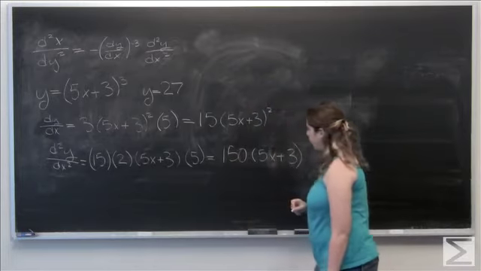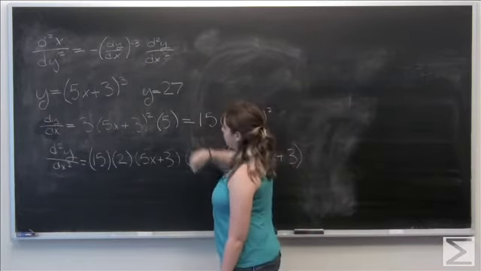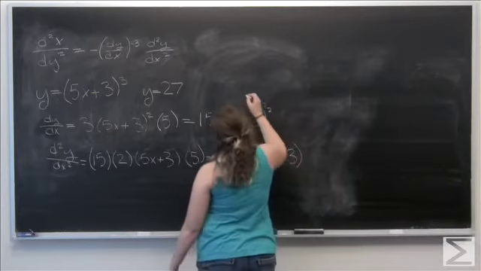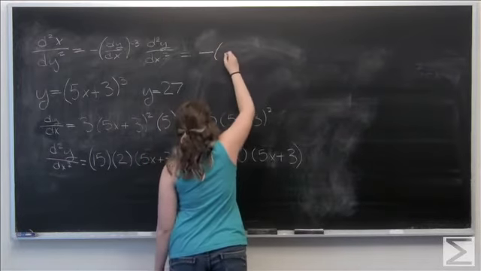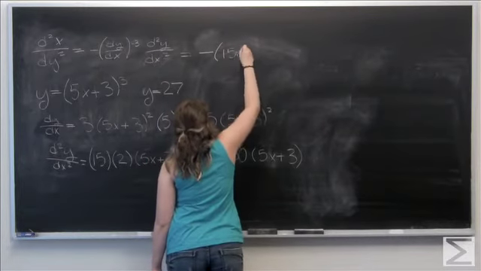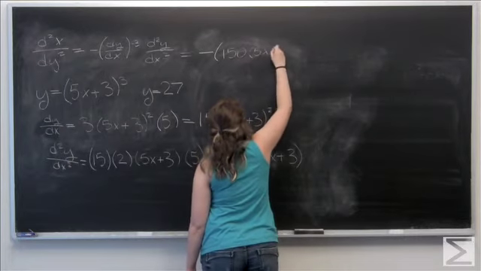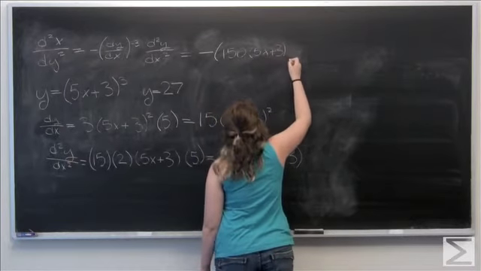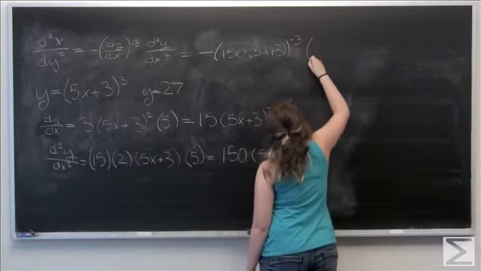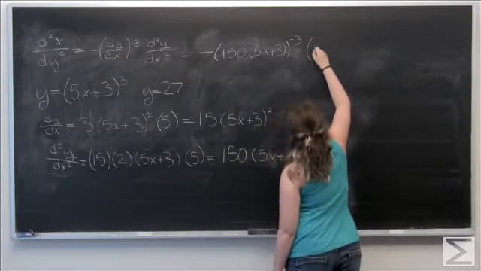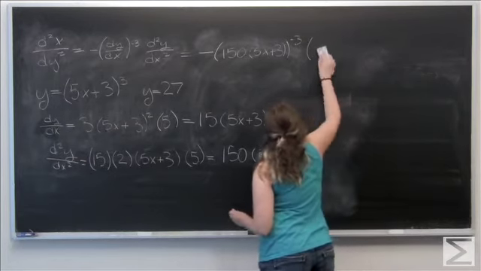Okay. So now let's plug these in to that formula. I'm going to write it here. Negative 150 times (5x + 3) times, just kidding, wrote them backwards.